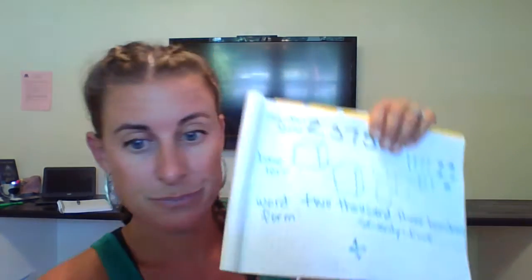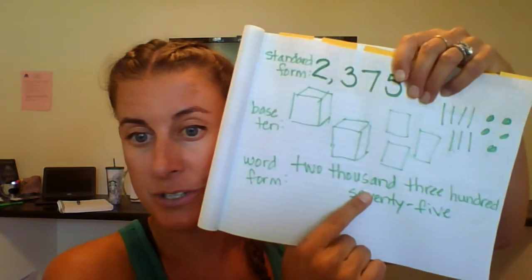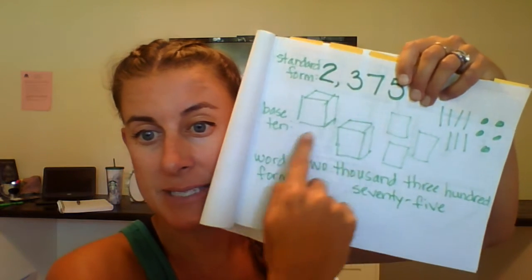Okay, well, we're still going to practice today recognizing numbers that are in standard form, just like this. This is standard form. In word form, that's when we write out all the words. In base 10 blocks, but we're going to add another one on there. We're going to take a look at how we can decompose a number like that one, like the other one I was just showing you.